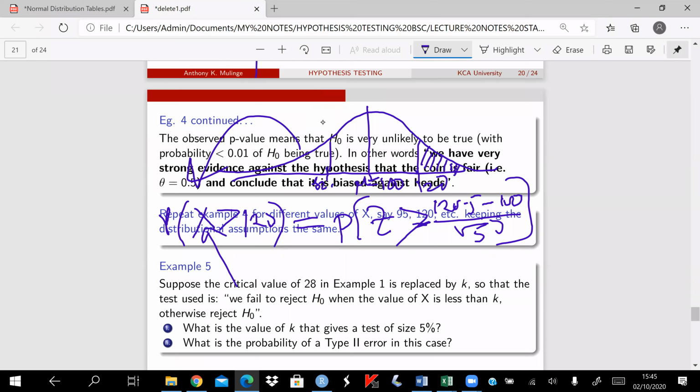If you simplify that, 120.5 minus 100 divided by the square root of 50, which is the probability that z is bigger than 2.899 etc. I hope you are getting that.